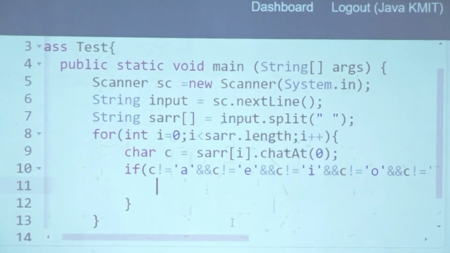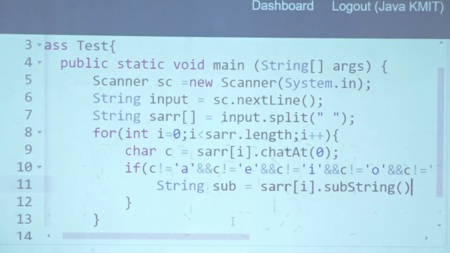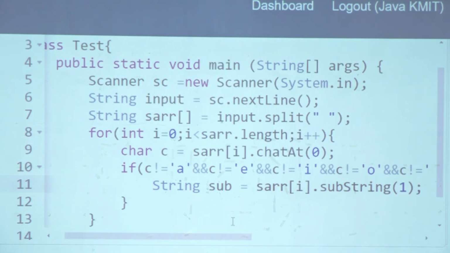So I will say string sub is equal to SARR of I, that is the whole string, dot substring 1 onwards. SARR of I is each word. Substring 1, what does this do?